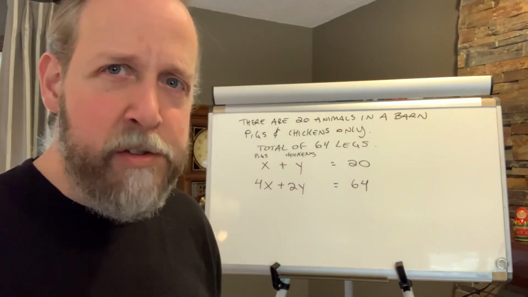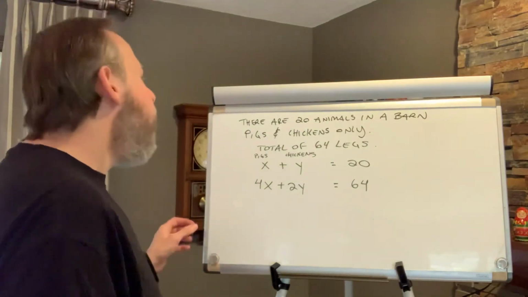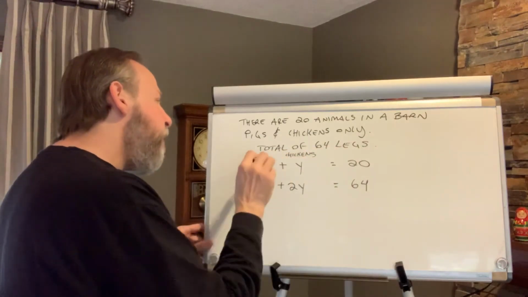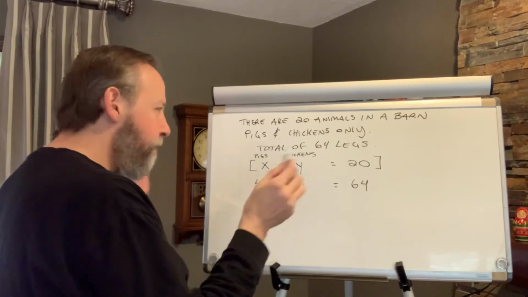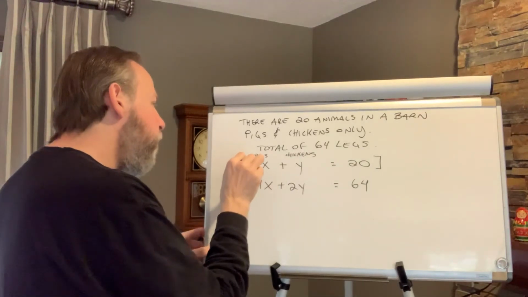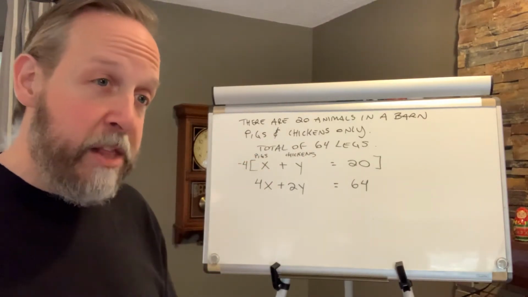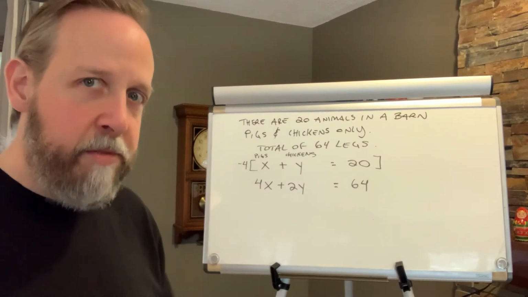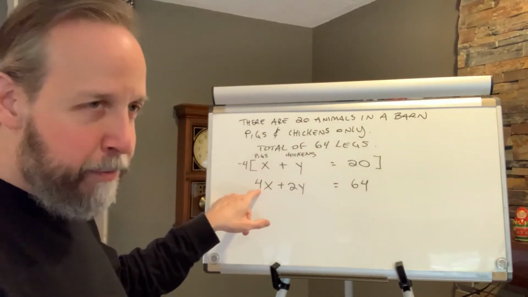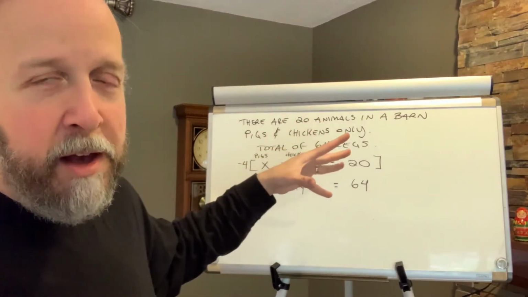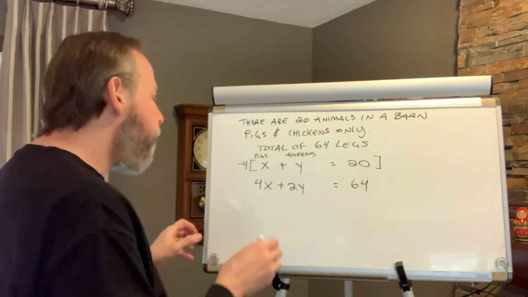I'll use eliminations. It's very easy. To use eliminations, I'm going to multiply the entire top row by -4, just to get rid of the x's. Remember, with eliminations, you want to eliminate a variable, and that was +4, so by multiplying by -4, I'll be able to eliminate it.